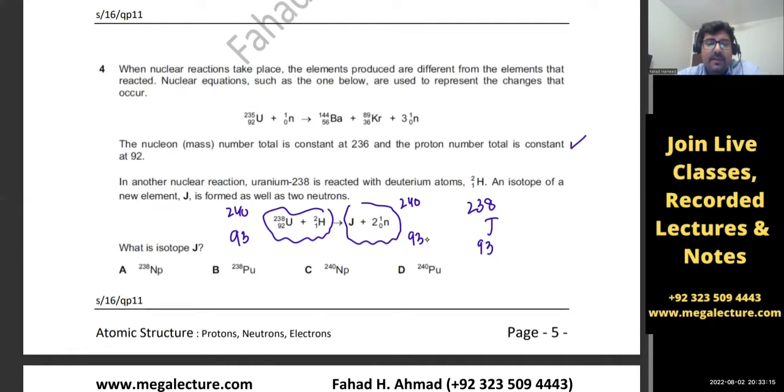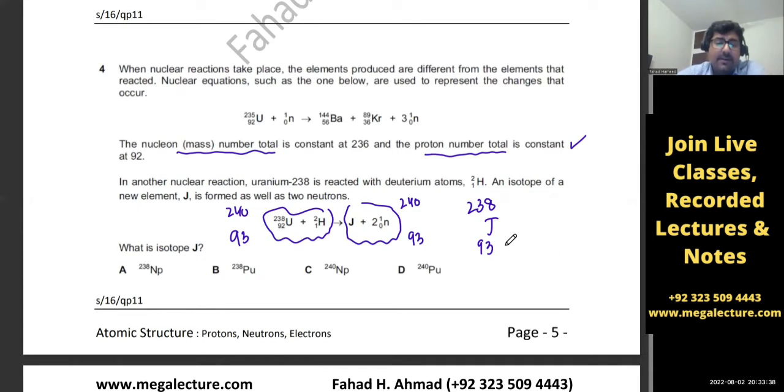ठीक है, remember उसने question में ये कहा था कि whatever the total nucleon number is and the proton number total is constant. So if you have a total of 240 and 93 proton numbers over here, the total over here should also be the same. So I just figured out what J is, and J is 93.